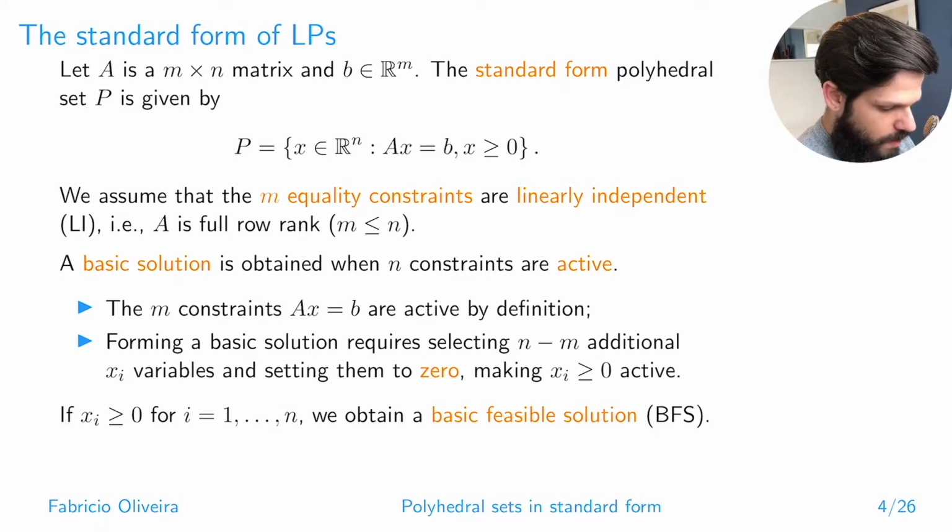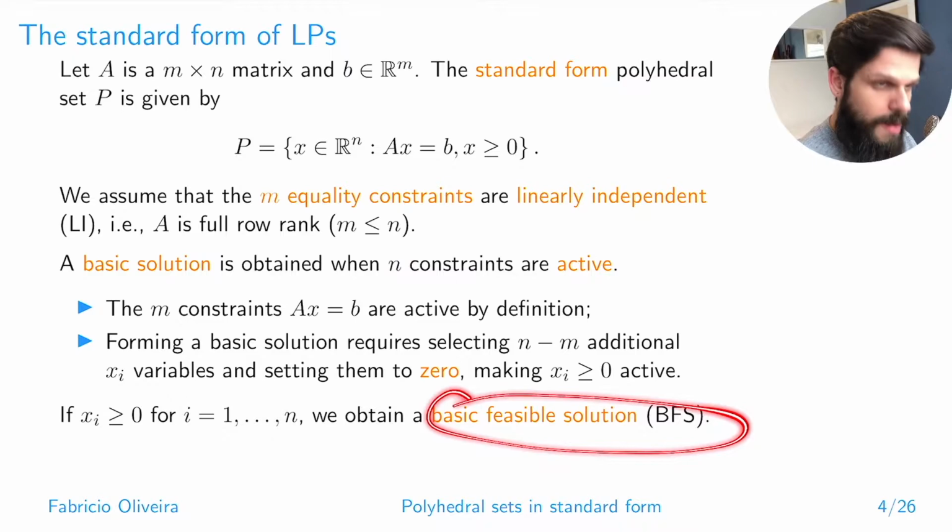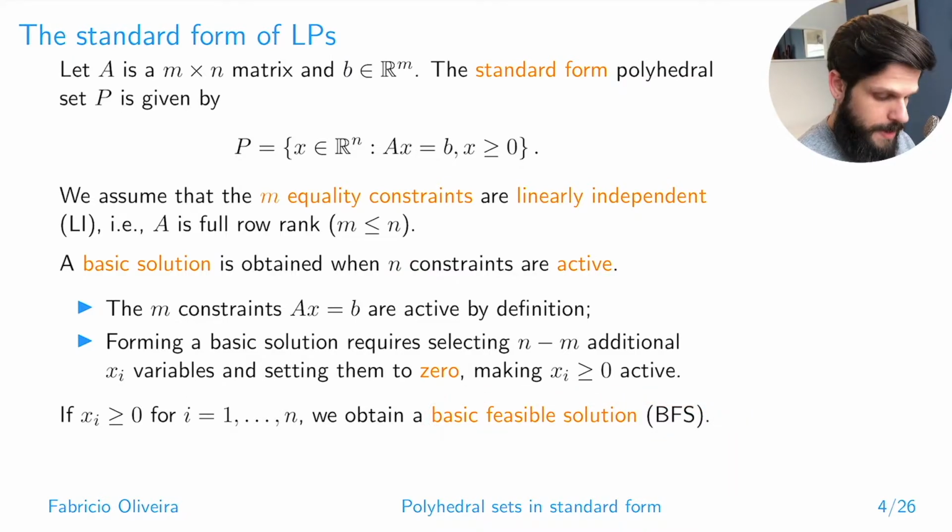So with the combination of looking at these m constraints that are active and picking these n minus m other constraints so that you form n active constraints, you will obtain a basic feasible solution, presuming that all the others satisfy the non-negativity conditions.